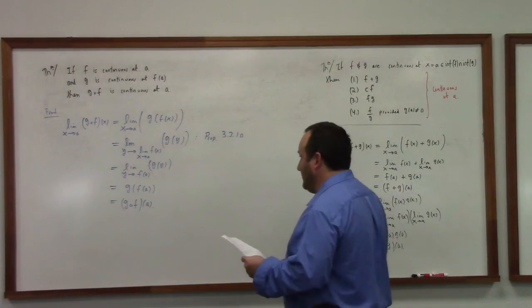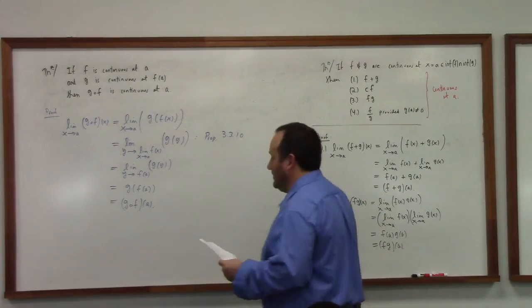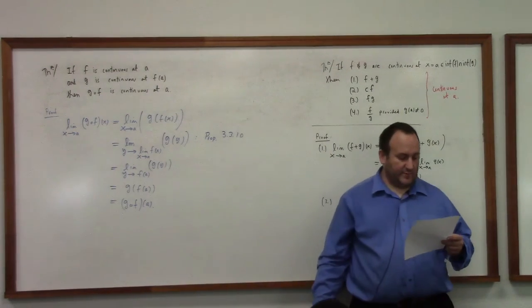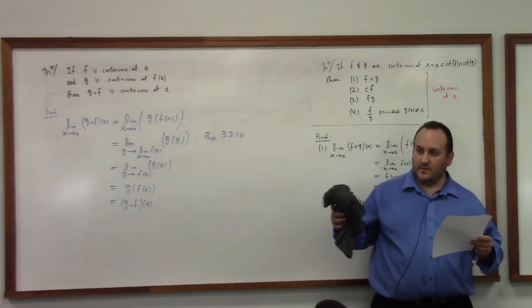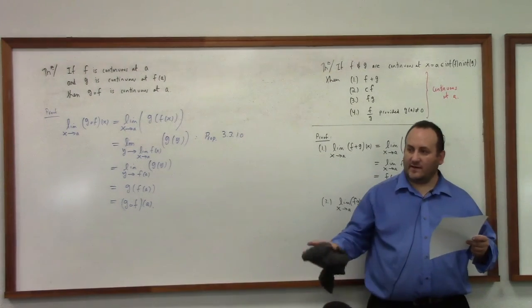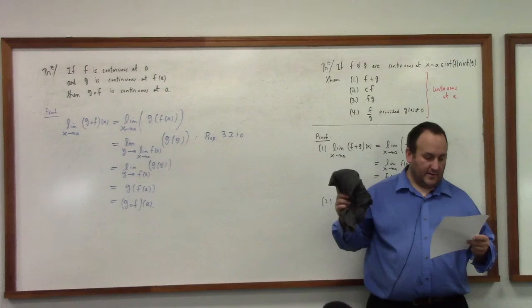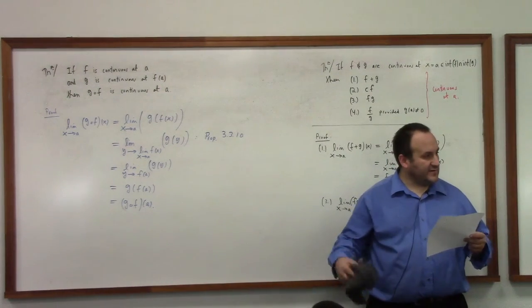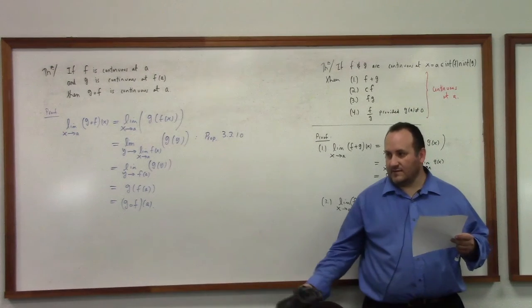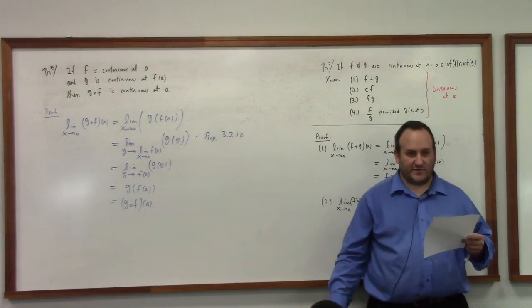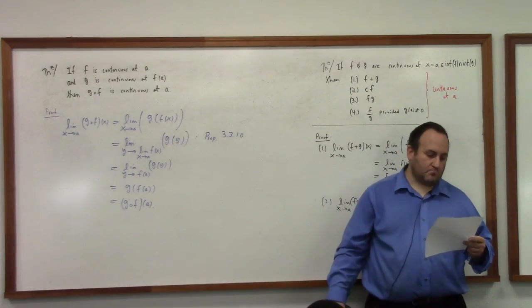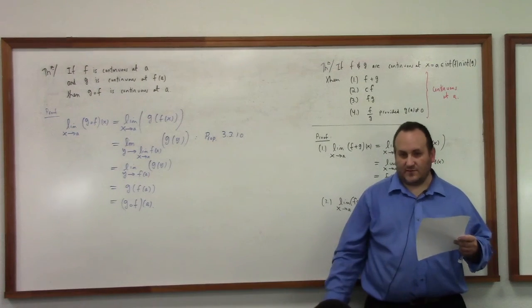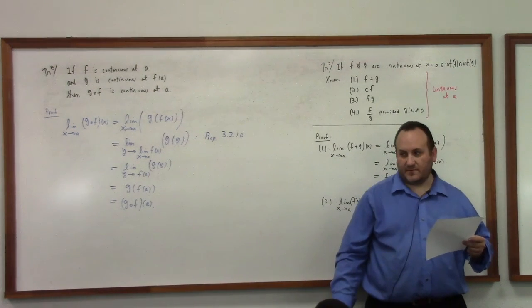So in fact, the elementary functions, what do elementary functions include? Remember, polynomials, sine, cosine, exponential, logarithms, hyperbolic functions, the inverse functions of all these things, like cosecant, secant, tangent, cotangent, all these things. All of these functions are continuous on the interior of their domain.